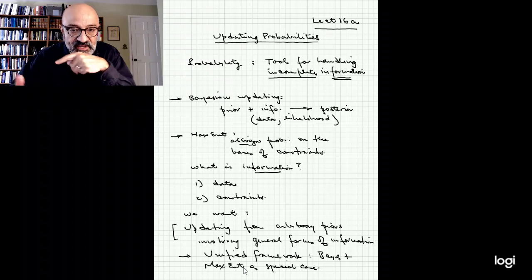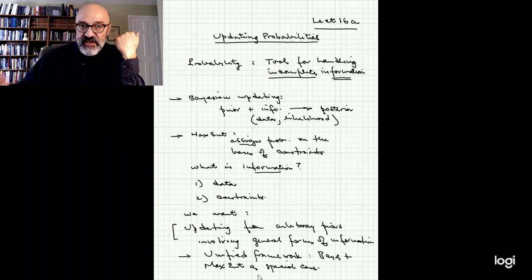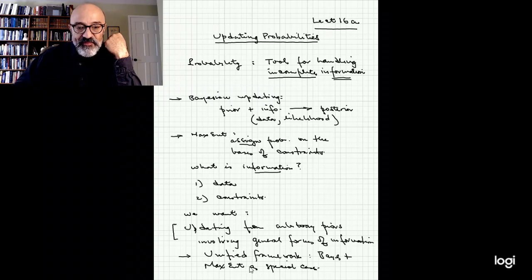In particular, what I have in mind is something like this. If you manage to take a theory like quantum mechanics, which is intrinsically probabilistic, and you manage to derive aspects of quantum mechanics purely from entropic perspectives, then the fact that you have a unified framework for handling information means that you should also be able to handle problems that are connected with experiments and the quantum measurement problem and the processing of data.